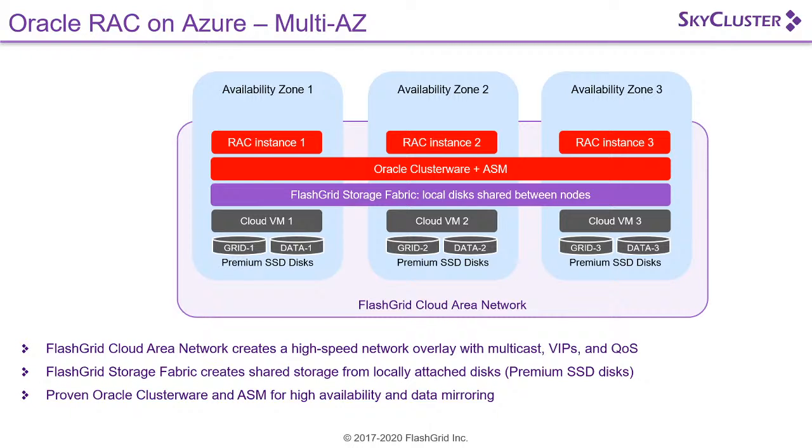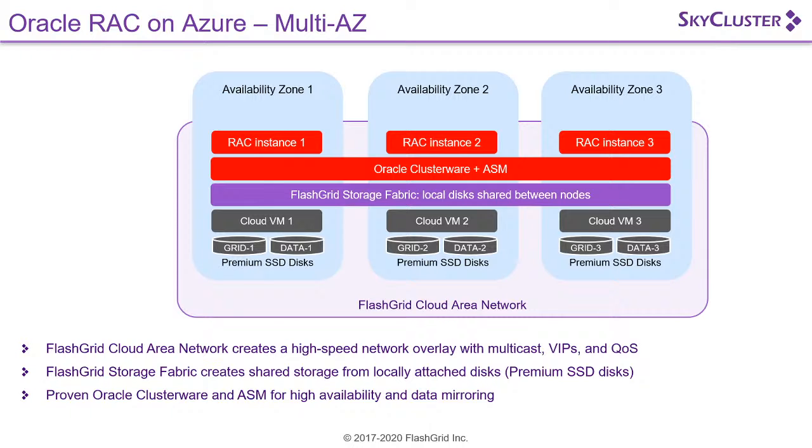The second software component that you can see shown here is Storage Fabric. What Storage Fabric does is take the disks that are attached to individual VMs and turn them into shared disks. As you probably know, Oracle RAC fundamentally relies on shared disk access between all database nodes.